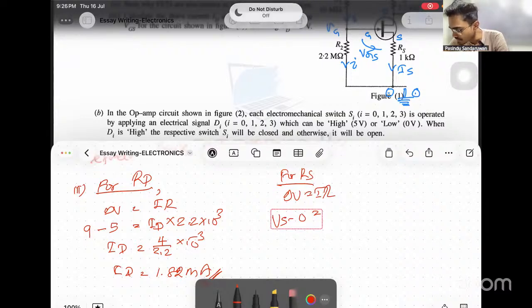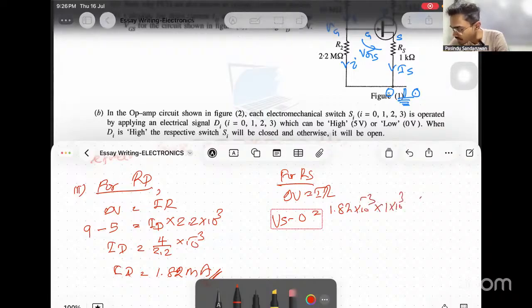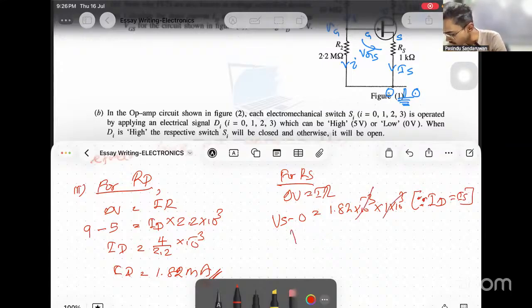IS is the same as before, 1.82 times 10 to the power minus 3, times 1 kilo ohm, 10 to the power 3. You better mention this logic here: always ID equals IS. Then these two cancel off. VS equals 1.82 volts. Then I need VG.